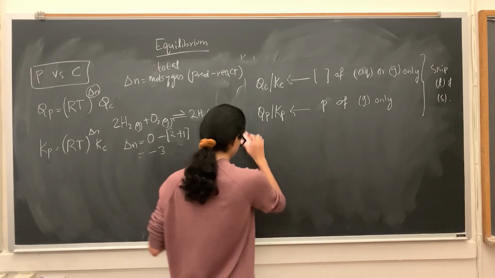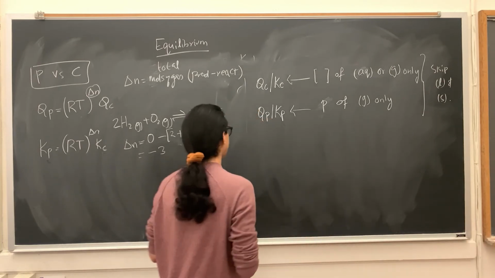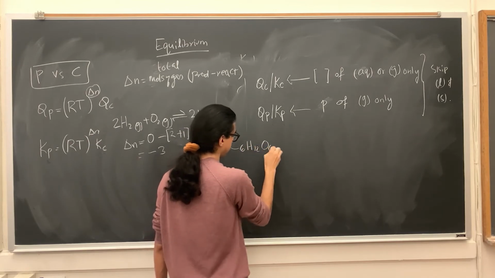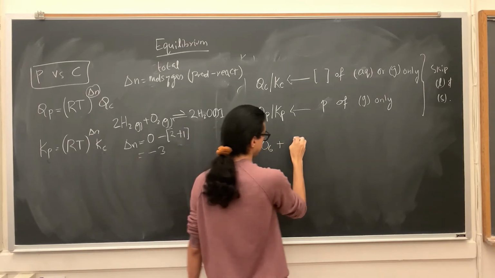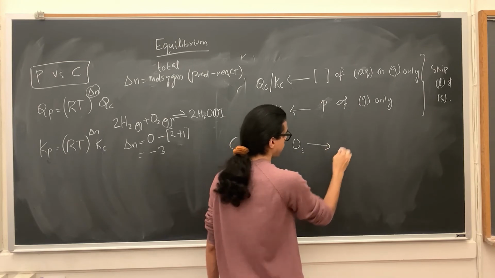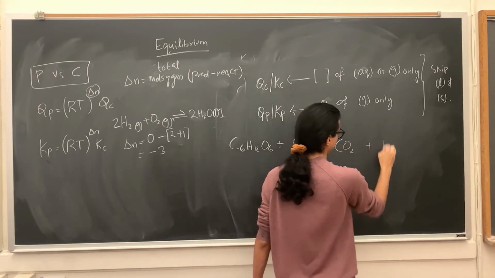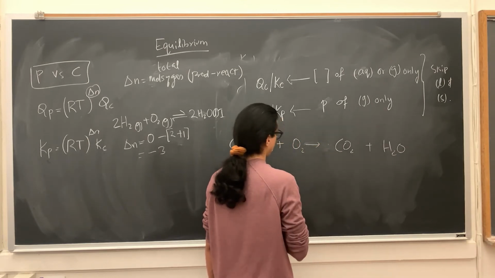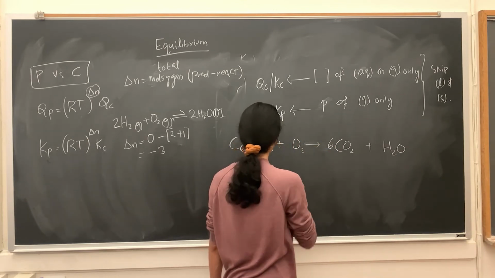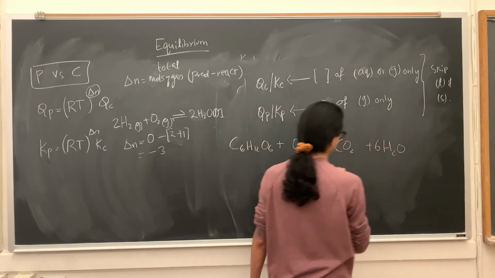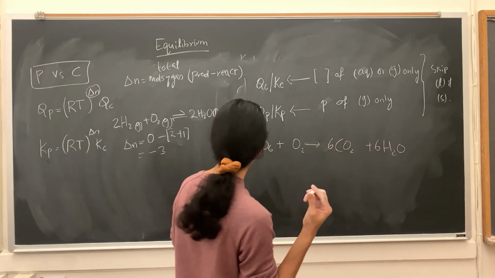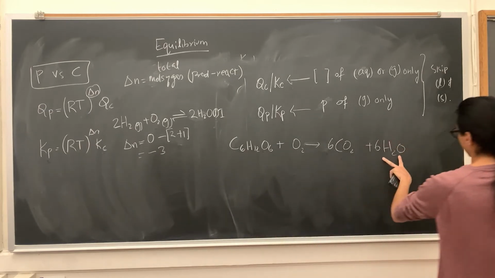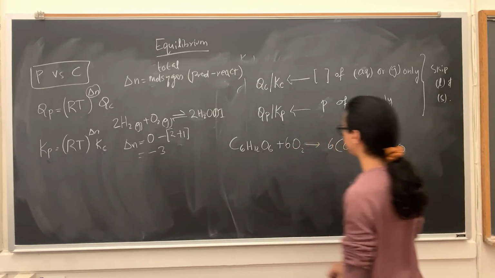So let me make up a good one. Oh yes, glucose. C6H12O6 plus oxygen. If you burn glucose, you get carbon dioxide and water. You get 6 carbon dioxide, 6 water, and 6 oxygen.